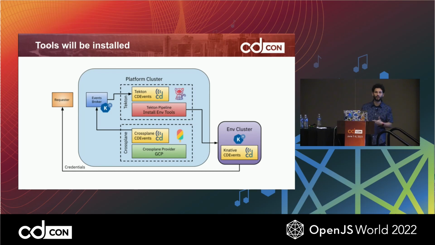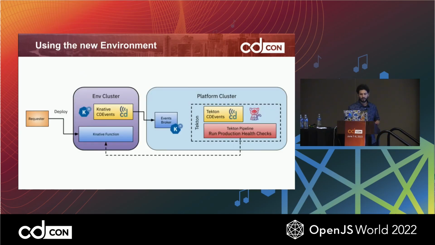In this case, the event we are interested in is every time we deploy a new Knative service into this environment, we want to get a notification back into the platform cluster that a new service was deployed and is ready to be used. Which is the last step. Whenever we have the environment cluster, the developer can just connect to that cluster and deploy a function, in this case a Knative service.